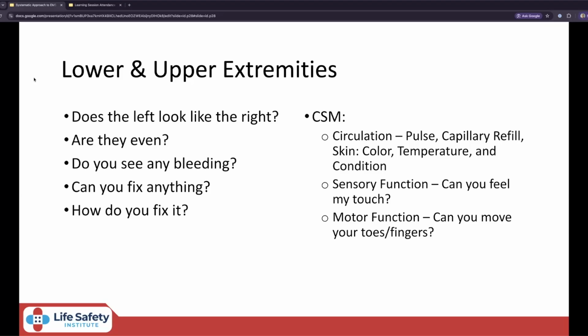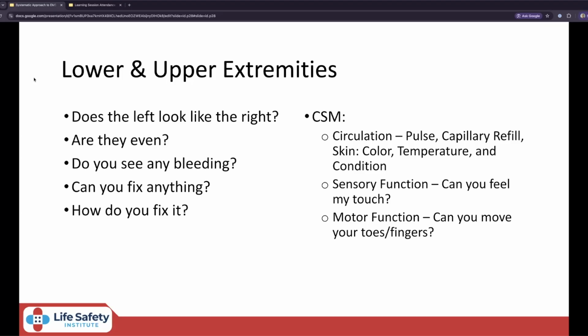Broadly, does the left look like the right? Right? Are they even? Is one shorter than the other? Is one discolored? Is one pointing in the wrong direction or something like that? And then can we fix anything? We'll learn about different splinting techniques and bleeding control and all of this other stuff as we go through.